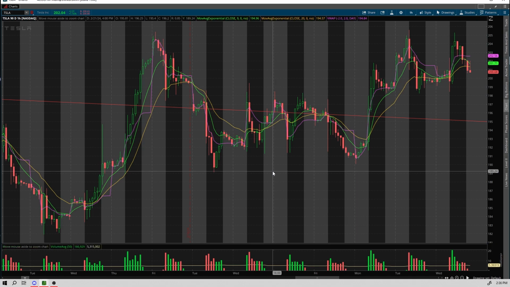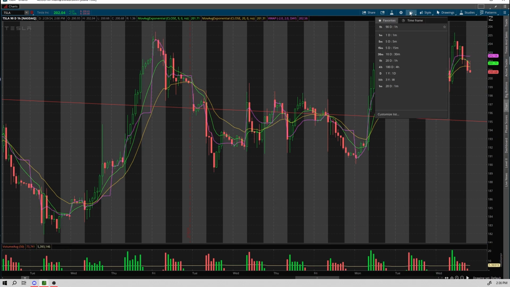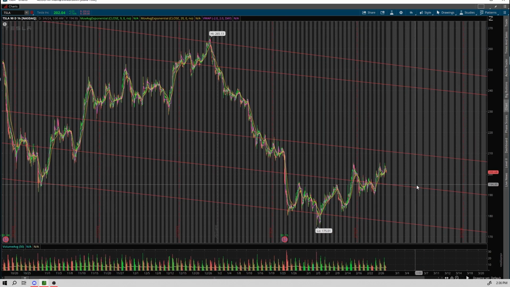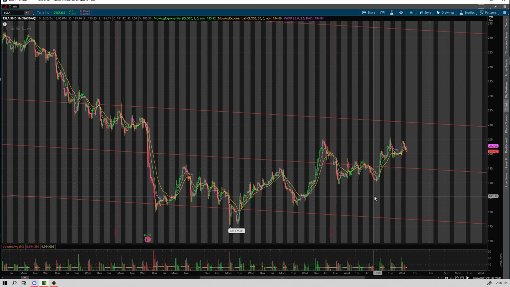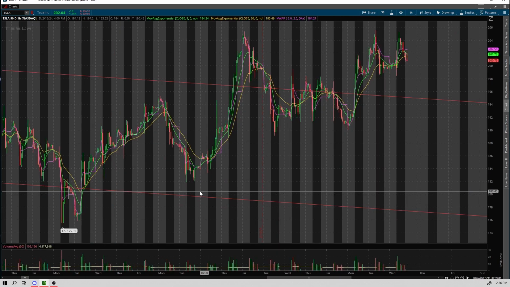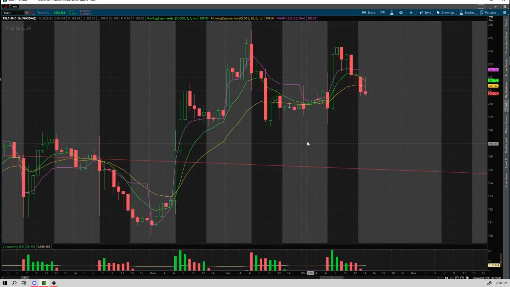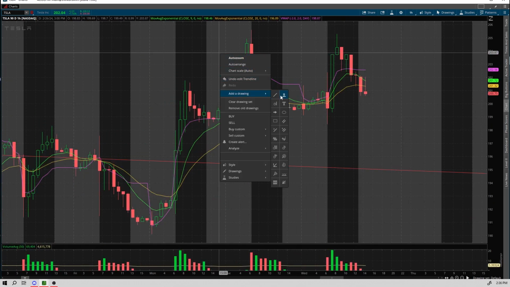Okay, so another thing that I like to do is I like to see where do we have our support and our resistance lines at, okay? So on this one here, I actually traded this today.